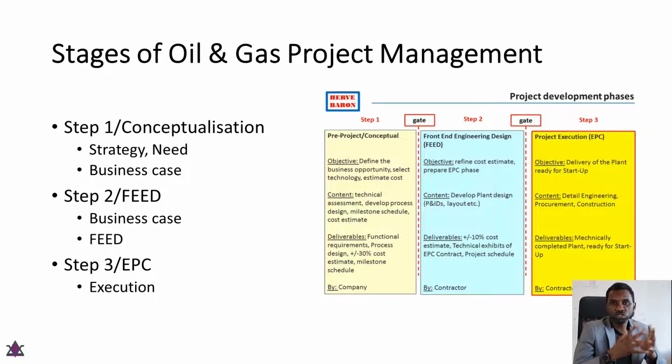So in most cases, during the conceptualization stage, several projects are going to be put forth and proposed and placed on the table to be embarked upon. Among these various projects, certain criteria and metrics will be used to screen them down.